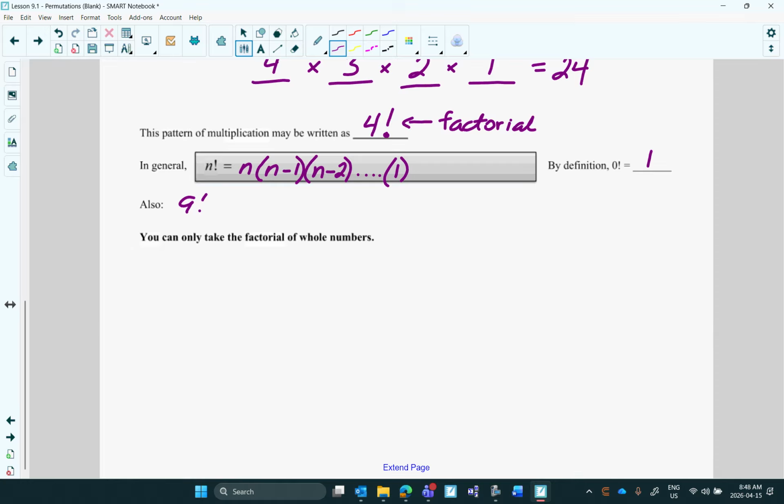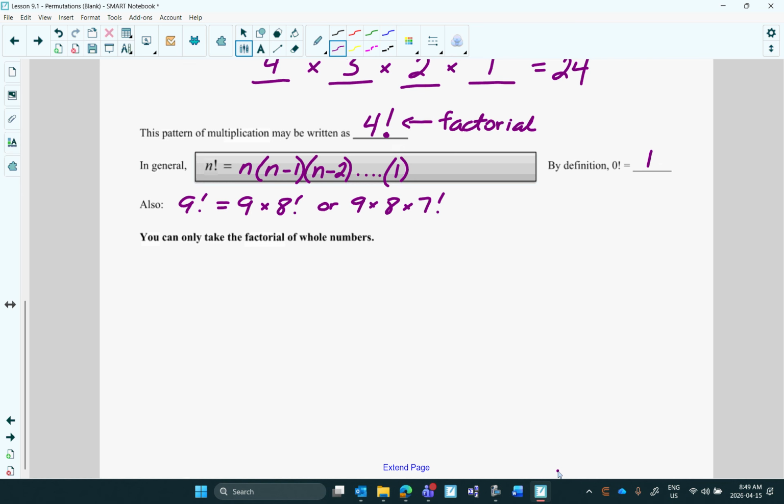But it also means this. Take 9 and then times it by 8 factorial. We'll see why we do that in a second. Or I could do 9 times 8 times 7, and then if I want to stop there, I'll put factorial.